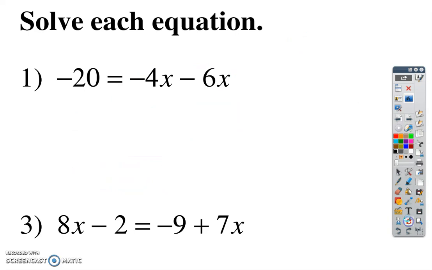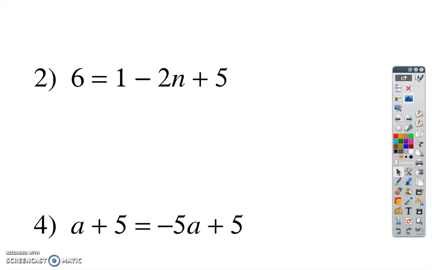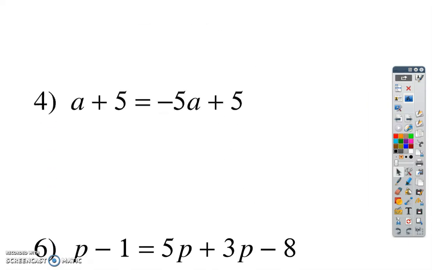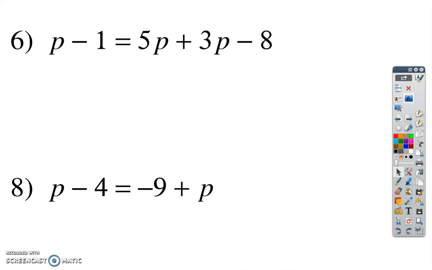Okay, so now we're going to go look at problem number 6. So make sure that you draw the line down the equal sign.